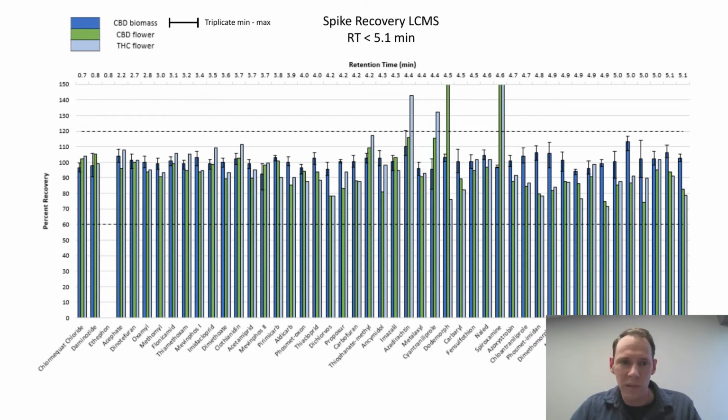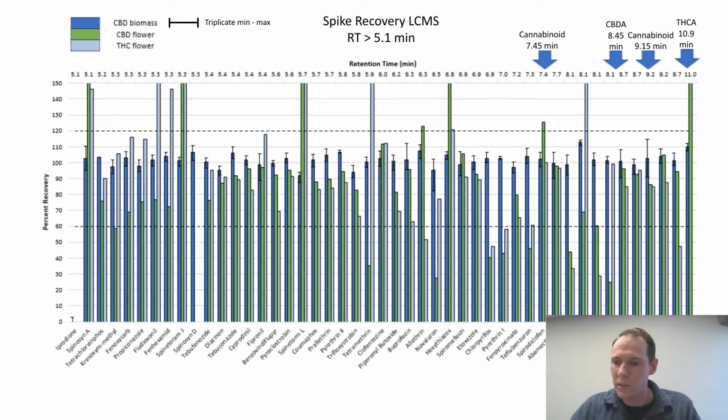Overall, you can see that the percent recovery for the CBD biomass is well within the acceptance limits, between 60 and 120%. There were a few pesticides outside of the acceptance range for the CBD flower and the THC flower.